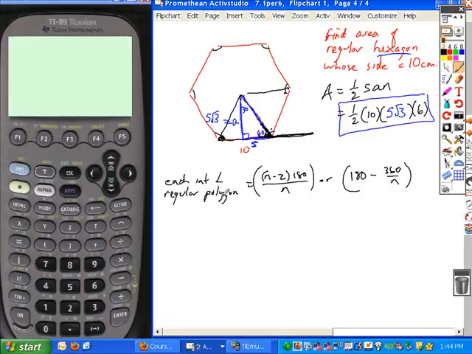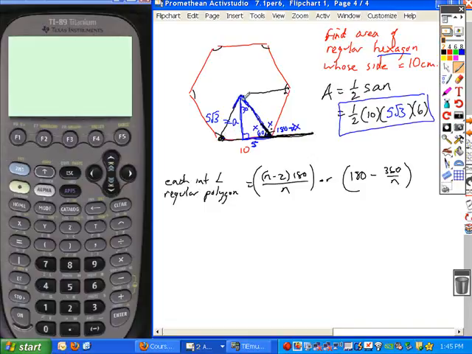There's another relationship that you can identify here. I'm going to call this angle x, half of the interior angle. This other angle here that forms the whole thing is also x. And then this one right here is 180 minus 2x, because it's the linear pair, the exterior angle. And now, if you look at this whole isosceles triangle, you have a base angle of x, a base angle of x.